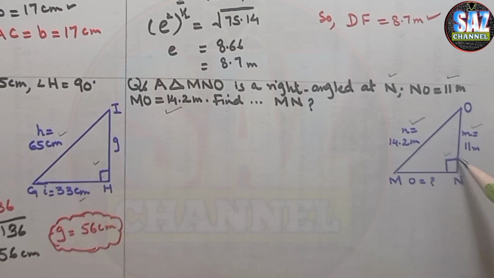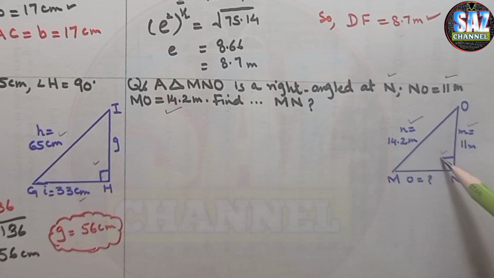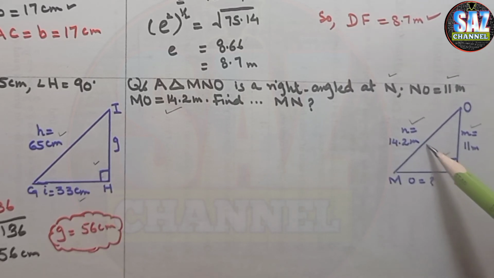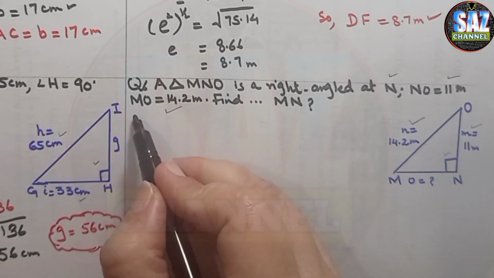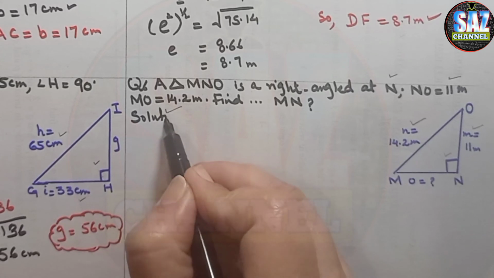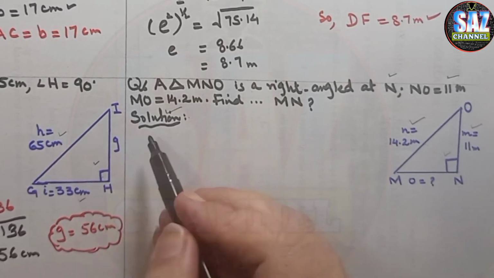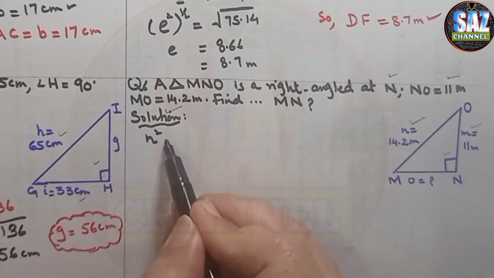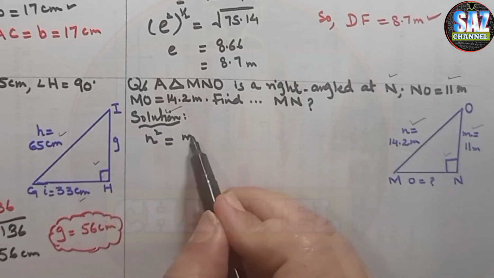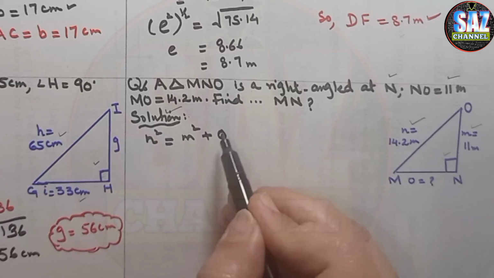Now after that, in the given situation, right angle is at vertex N, and we have to see that what is the length in front of this, because that will be the hypotenuse of this question. And then according to Pythagoras theorem, we have to write the Pythagorean equation according to the situation, that is n square will be equal to m square plus o square.